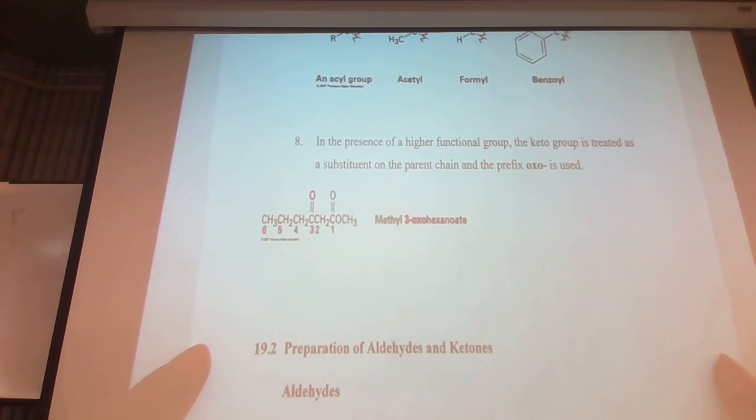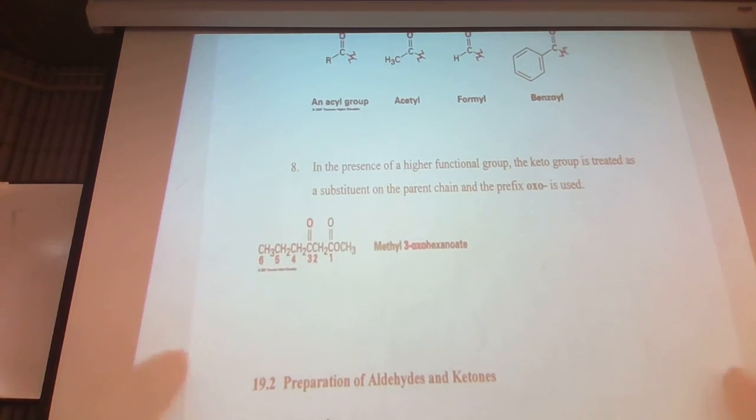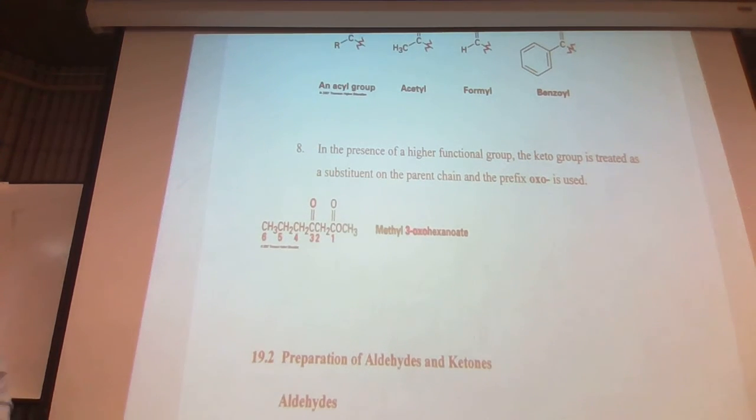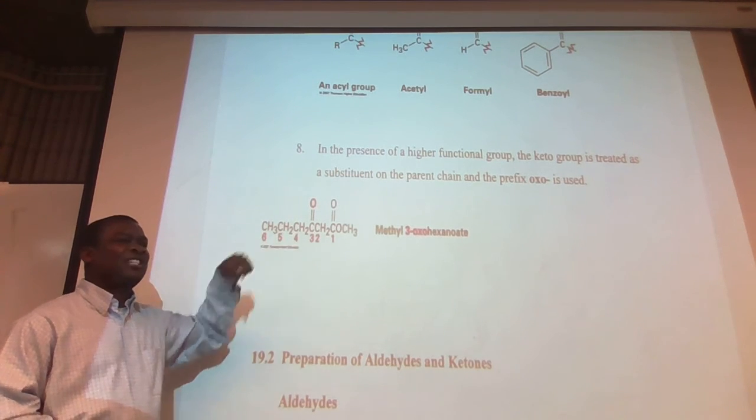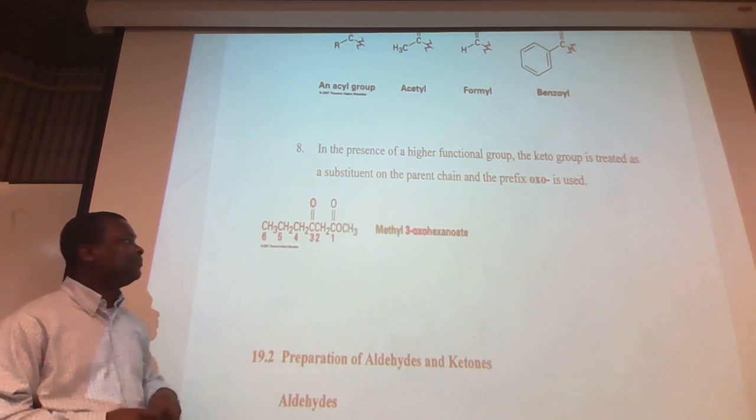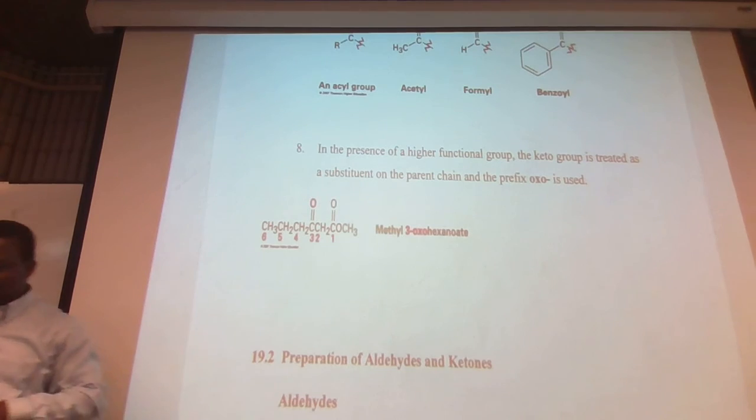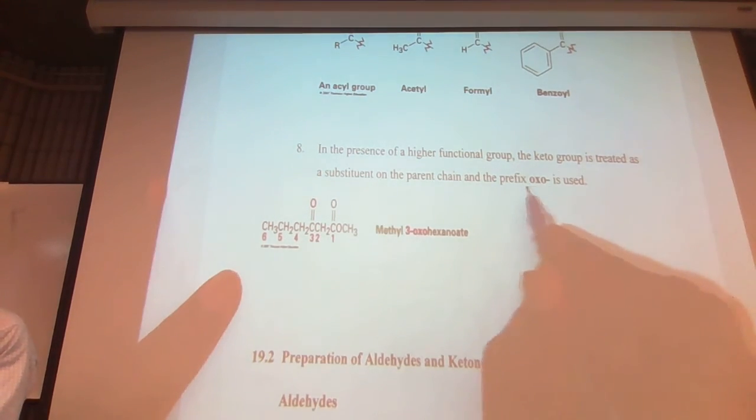So there are other functional groups that we've not talked about, like carboxylic acid, esters. We've not talked about naming them. If those functional groups are present in the structure, your ketone functional group now becomes a substituent, and it will be named as an oxo.